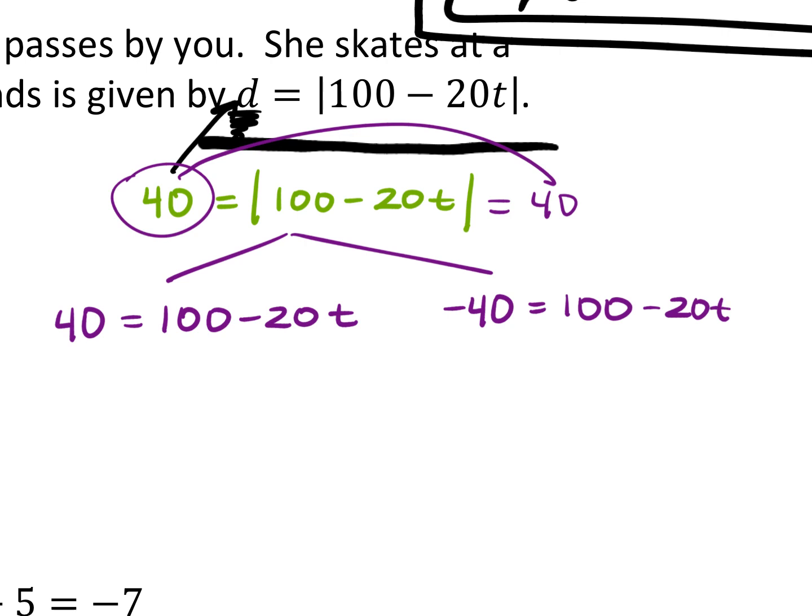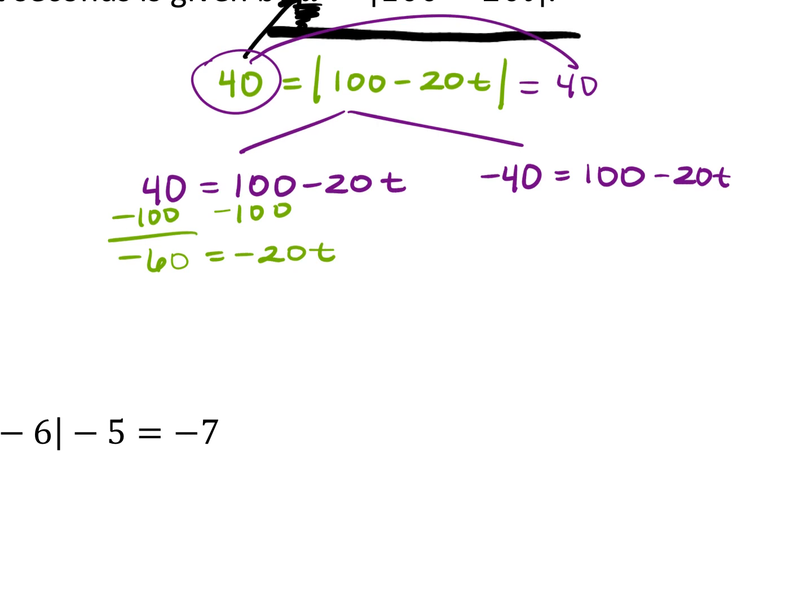So if we solve this, take away the 100, so negative 60 equals negative 20t, then what do you do? Divide both sides by negative 20. Okay, so that's t equals 3.